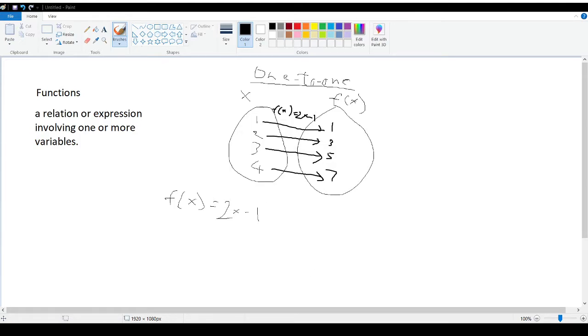The other type of function is many-to-one. So let's continue.